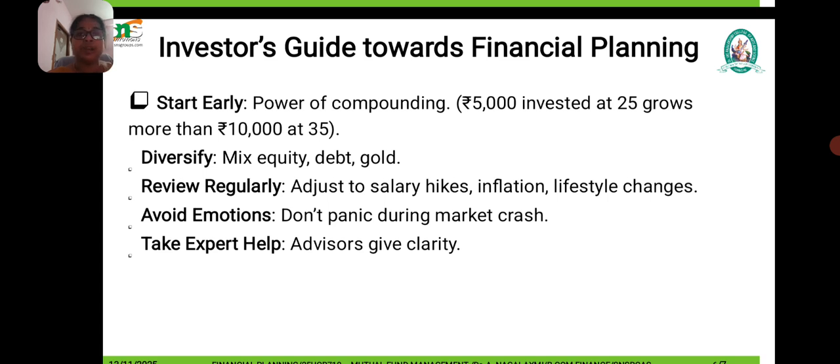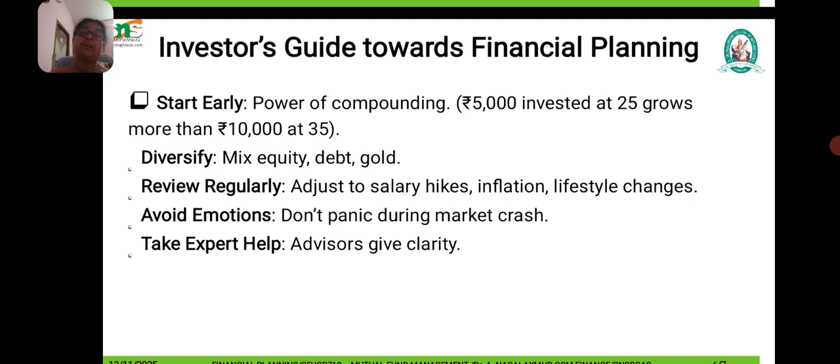Review regularly. If you make an investment, you should not leave it as it is. We have to review regularly how our investment is, whether it is gaining, whether it involves any risk, whether there are any changes. Adjust to salary hikes.